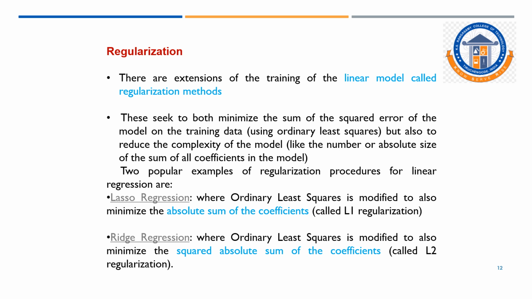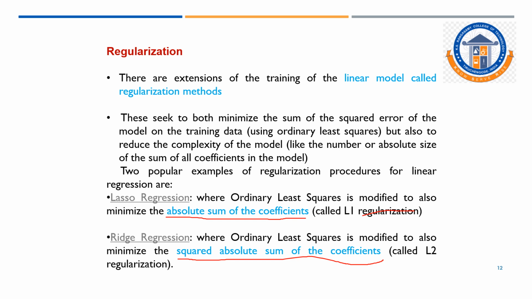Lasso regression is where your least square model is summed up with a penalty term of the absolute sum of regression coefficients. Ridge regression has the penalty term of the squared sum of coefficients. Lasso regression is also called L1 regression.